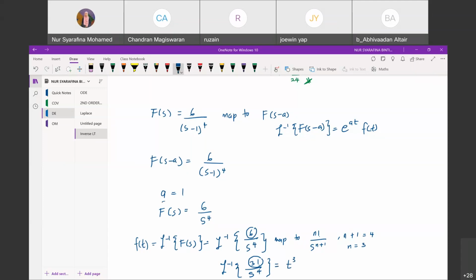Now you have a, you have f(t), then inverse transform of 6 over (s minus 1) to the power of 4 equals e^(at) with a is 1, f(t) is t cubed. So this is how you do it. Okay, any question?